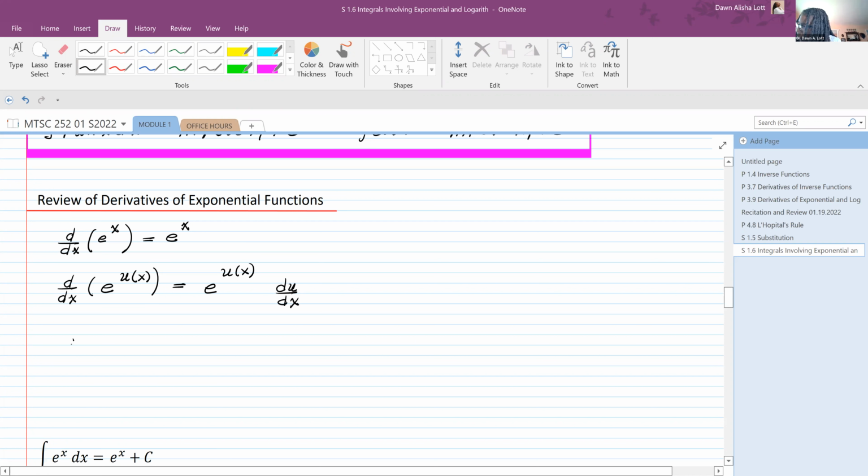And the derivative with respect to x of a to the x is a to the x log a.